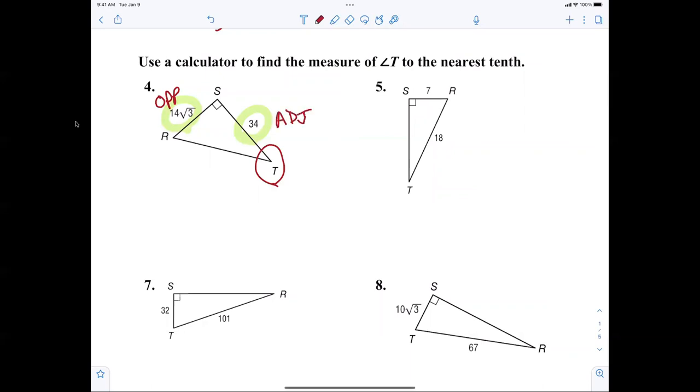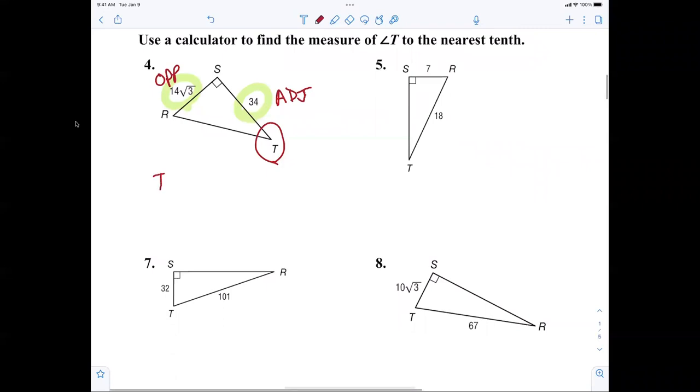So what trig function has opposite and adjacent? Tangent, right? So I want everybody to write down tangent of T equals, what's the opposite? 14 radical 3 over, what's the adjacent? 34. Now I don't even care about reducing it right now.